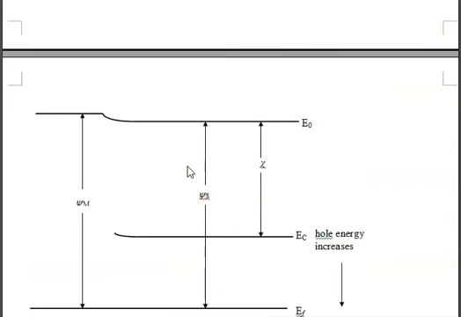And for the P-type, it's exactly the opposite. The bands bend up in P-type in a non-rectifying Schottky structure, metal-silicon structure.